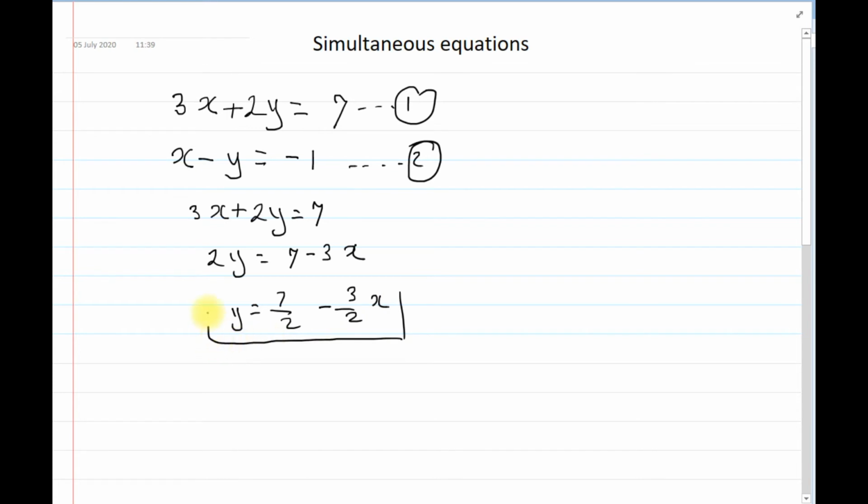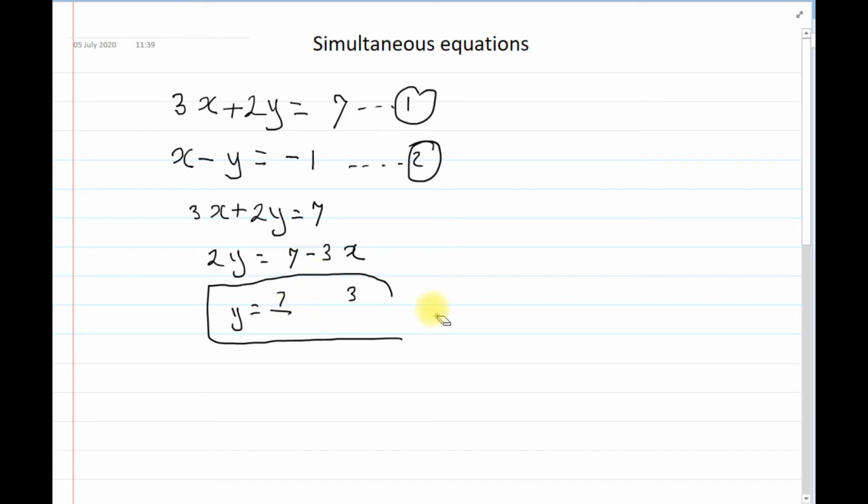Now we need to substitute this into the second equation and do a lot of algebra, and we will get the answer. However, the algebra will be more complex because we're using fractions and it just looks ugly. Anyway, take it from me. If we look at the second equation, we can see a much easier substitution that we can use there.